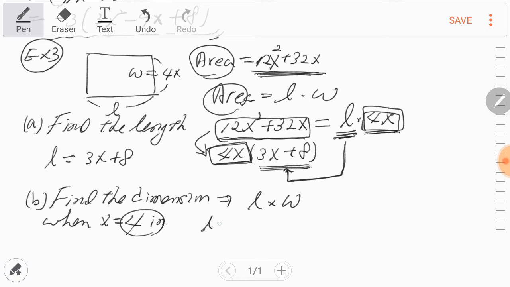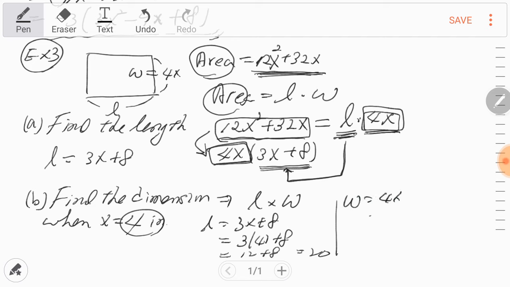So the L is 3x plus 8. Then x equals 4. So L equals 12 plus 8. L equals 20. And the width is 4x. 4 times 4 is 16. So the width is 16.